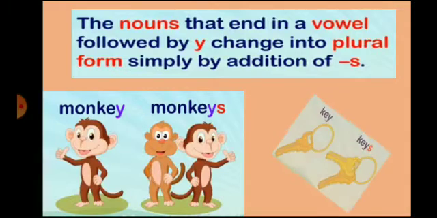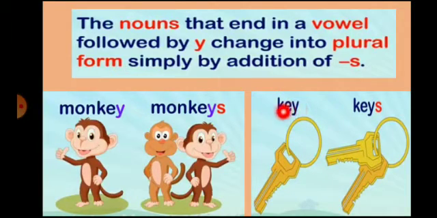Okay. Now see, the next word is key. Y is there and before Y there is a vowel. E is a vowel. Which are the vowels? A, E, I, O, U. So we will not cancel Y, we will just add S to make its plural. Okay. So one key, many keys.